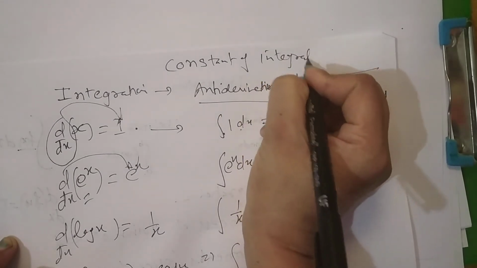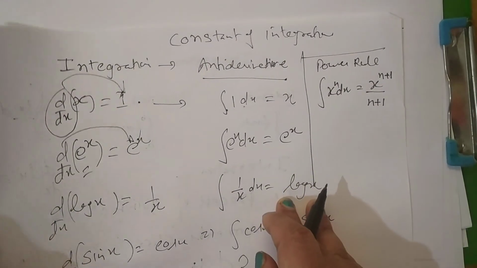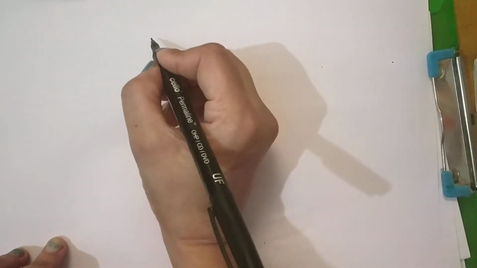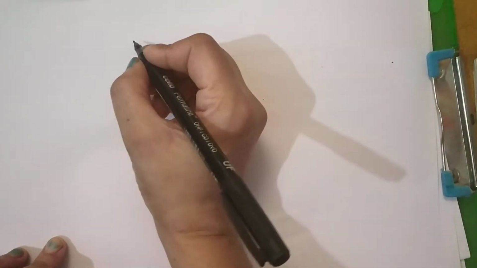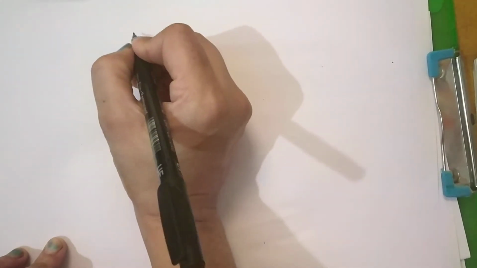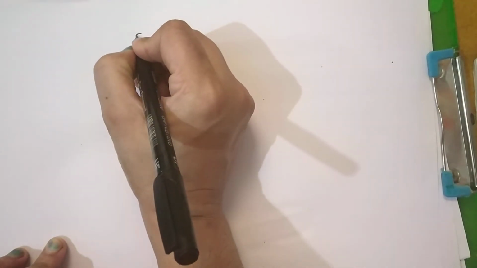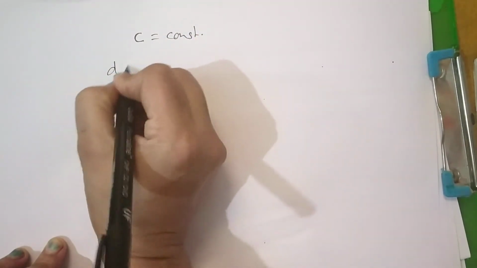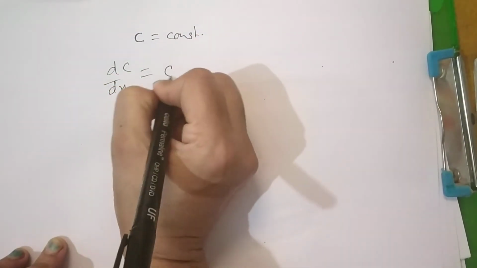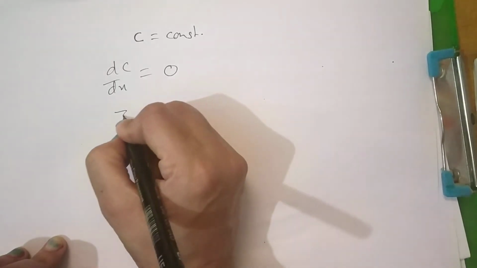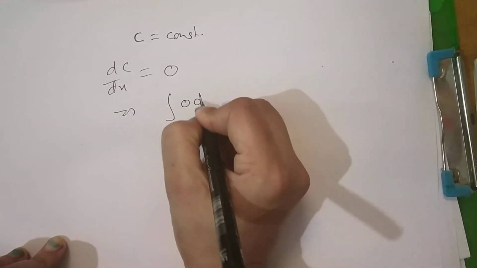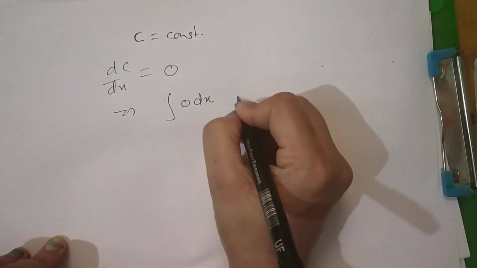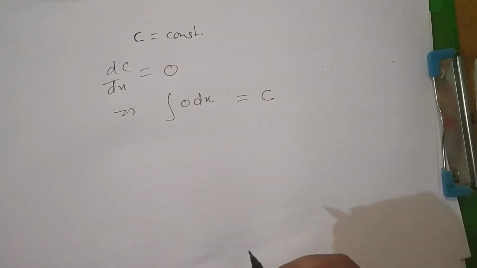What is this? For knowing this thing, we have to dig deep about what derivative of a constant is. So derivative of constant we know is always 0. That means integration of 0 will be constant.